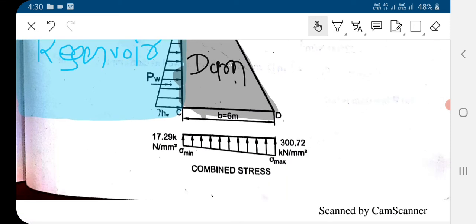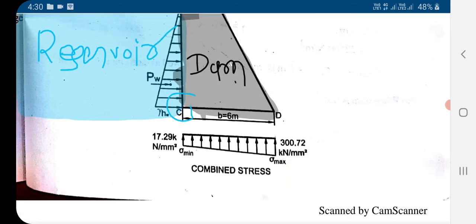So here in this dam the water side is known as the heel of the dam.